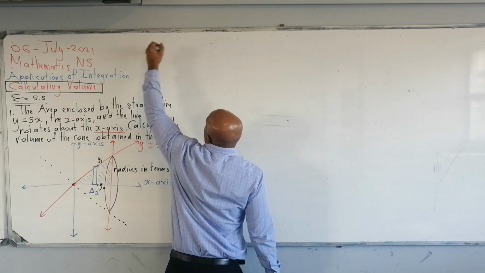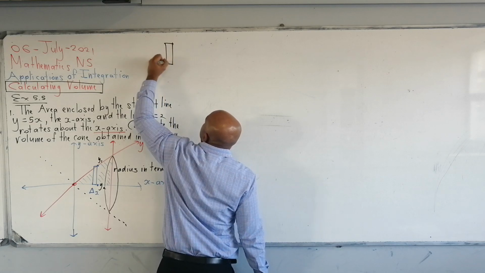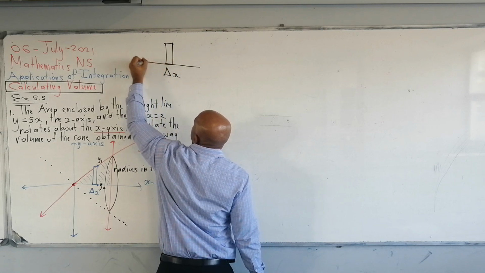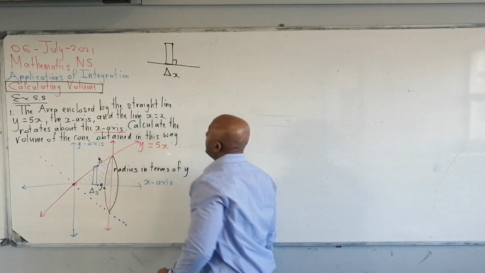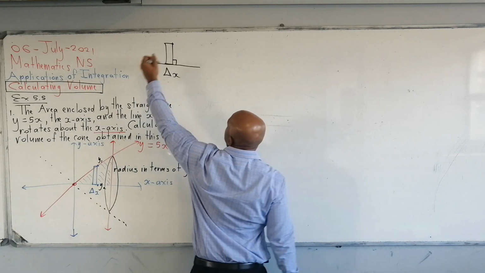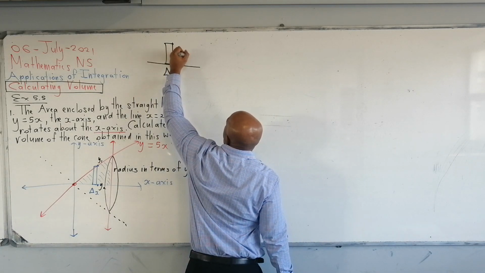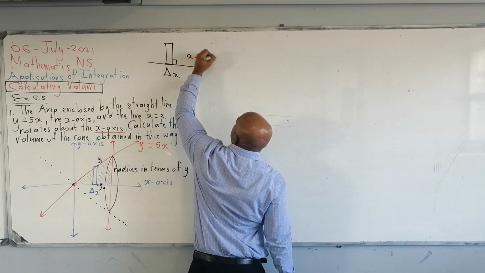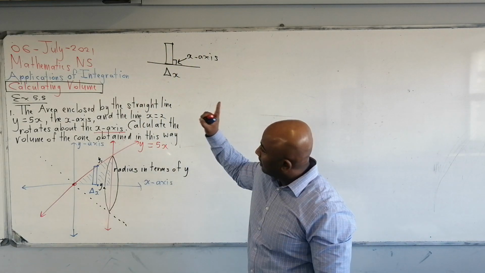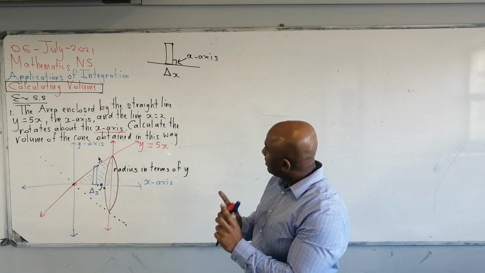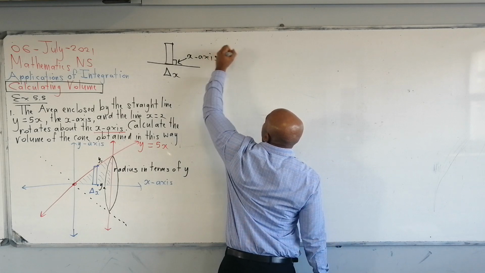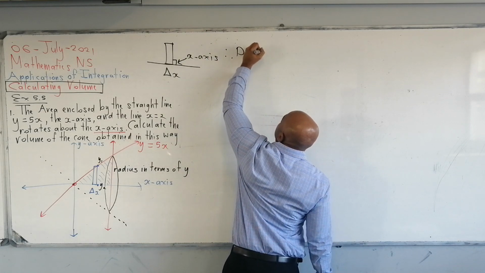We know that delta x is perpendicular to the x-axis. So the representative rectangle with a breadth of delta x is perpendicular to the x-axis. So therefore, disk method.